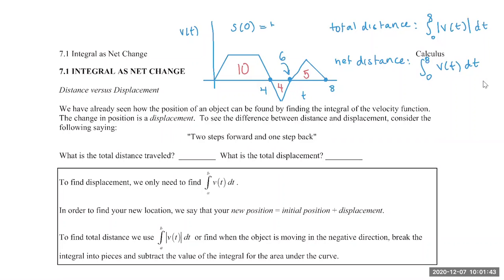So S of 0 equals 5 means that your position at time t equals 0 is given as 5. Sometimes they'll ask, can you tell me what your position would be after 4 seconds? So if you've already begun with 5, does this mean I have to integrate velocity to find the position function to find my displacement?